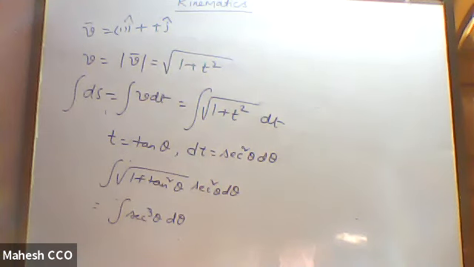Now it's not very difficult, but you can write secant cube theta as secant theta into secant square theta. Then secant square theta is 1 plus tan square theta. That is one way of doing it. Let us do it that way only.